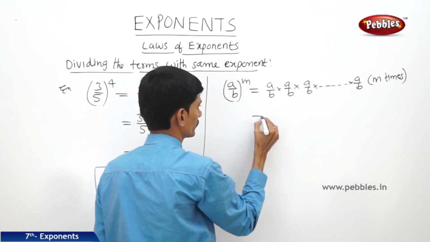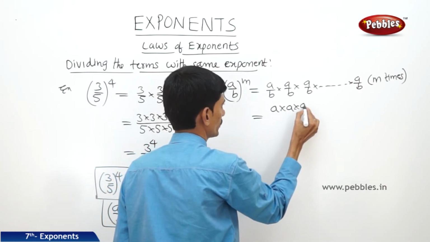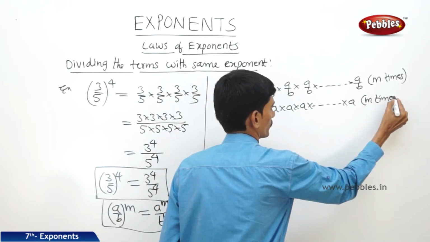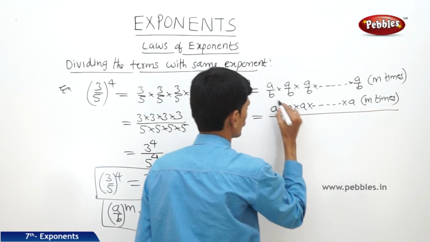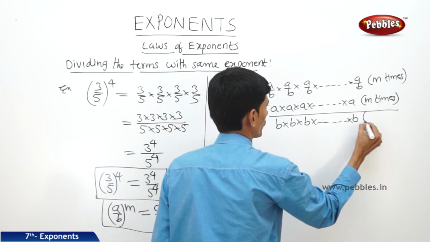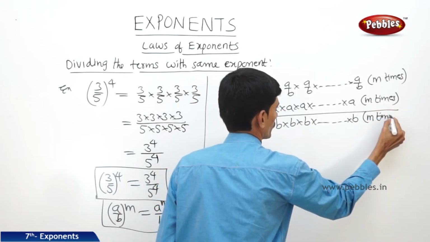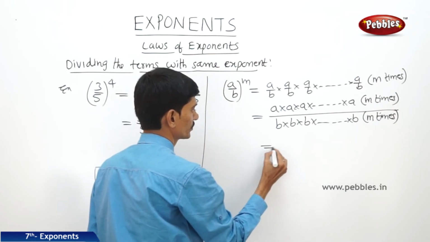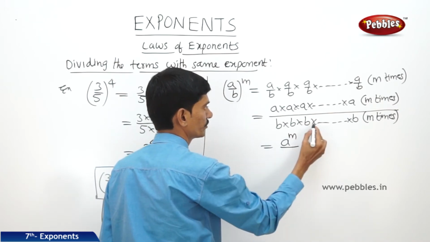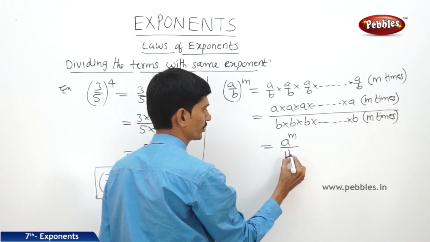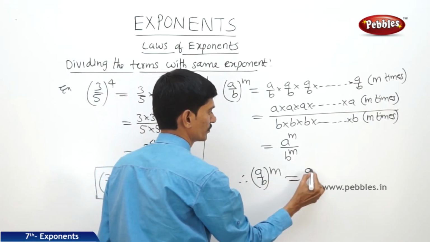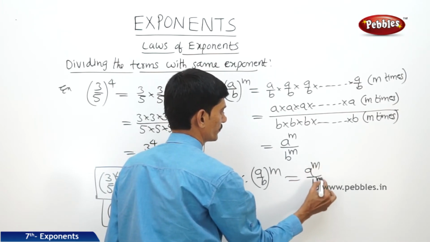So this equals a into a into a and so on into a, this is m times, by b into b into b into b, this is also m times. So this equals a to the power of m by b to the power of m. Therefore a by b whole to the power of m equals a to the power of m by b to the power of m.